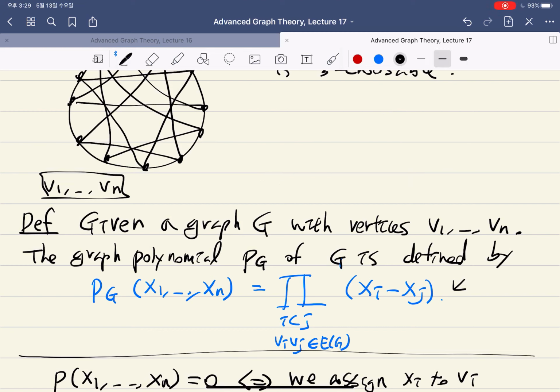If we assign some color, say 1, to vi, then we imagine that as assigning the value 1 to xi.